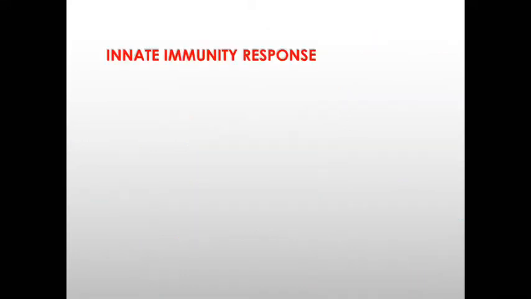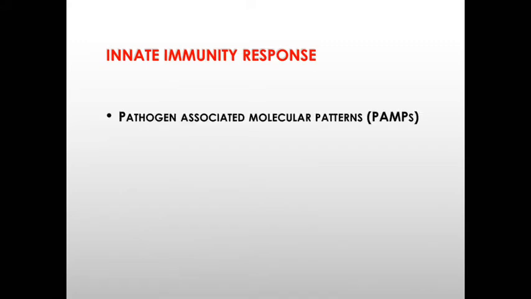So this is all initiated by what's called the innate immune response. So the innate immune response is the part of our immune system that can react to any threat. It doesn't have to ever have encountered that particular microorganism before. You don't need any memory of the microorganisms. And the first thing that happens is that the organism releases pathogen-associated molecular patterns.